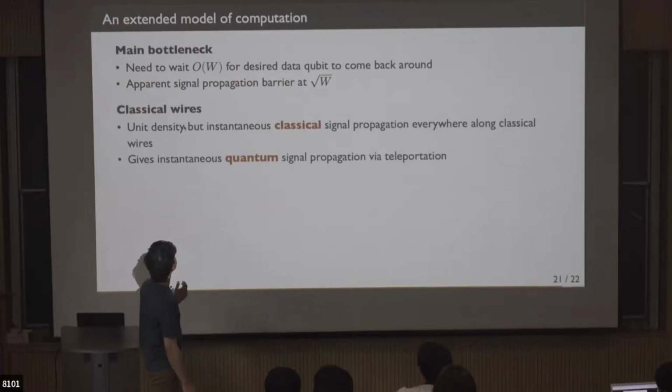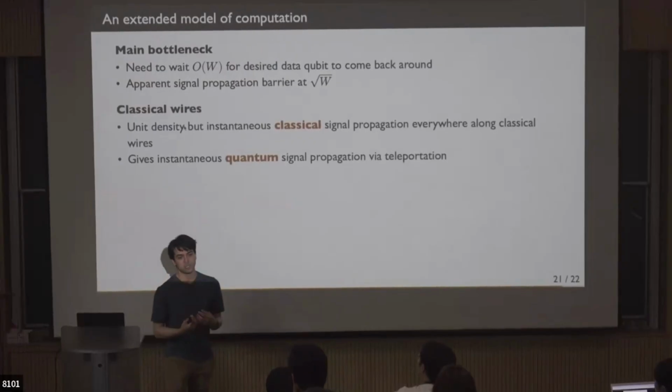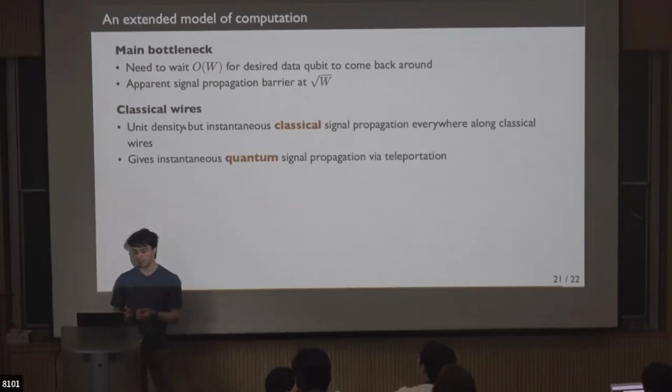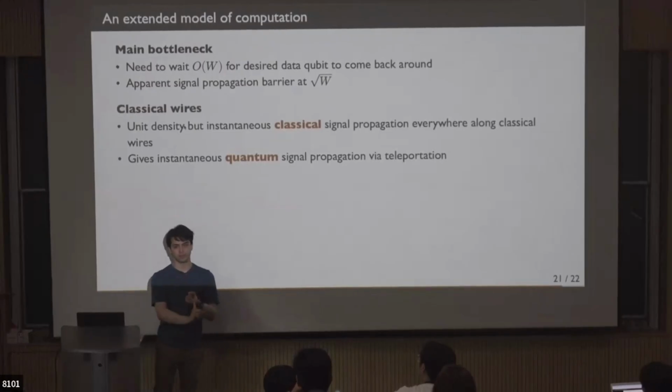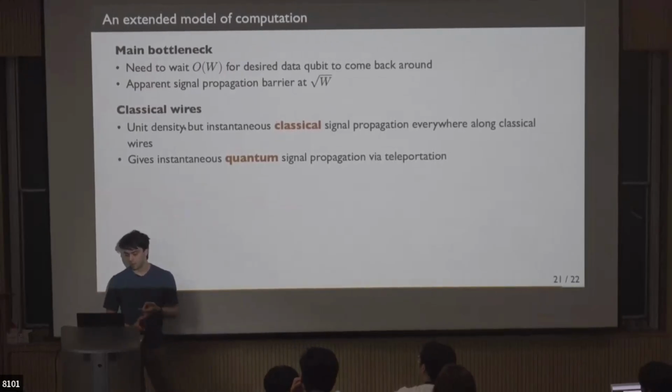What I'm going to do is extend our model of computation a little bit. I'm going to allow myself these classical wires, where what I mean by a classical wire is something that I'm still required to be unit density, but I'm going to allow myself instantaneous classical signal propagation along this wire.